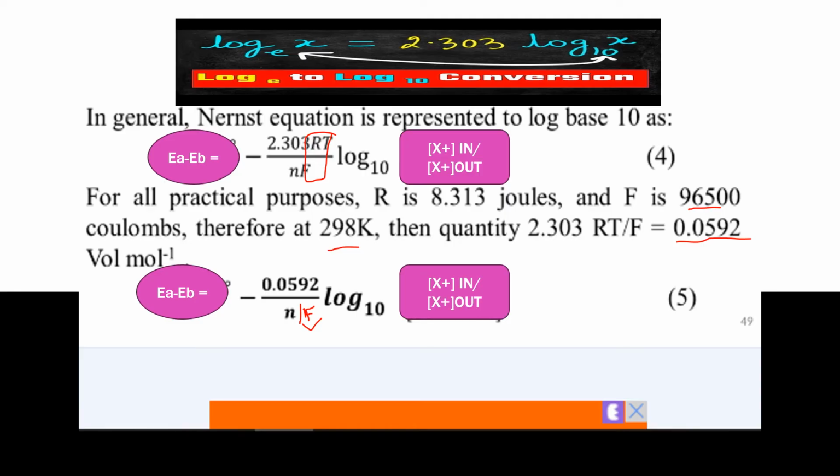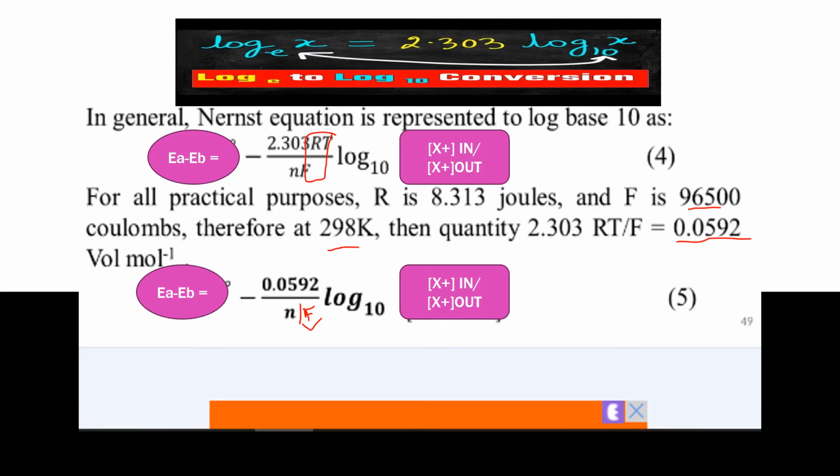So the equilibrium potential will be minus 0.61 divided by the valency, that is N or Z, times log 10 of the concentration of the ion inside over outside. Now if we know the valency of this ion, suppose in case of potassium the valency is +1, and we know the concentration of potassium inside the cell and outside the cell, we can easily derive the equilibrium potential of potassium.